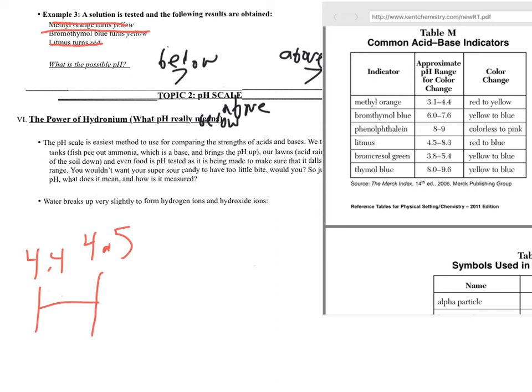You probably could have put either one of those. You could have put maybe 4.4. You could have put 4.5. Maybe even get real crazy. You put 4.45. That'd be smack dab in the middle. But any one of those pHs is probably good right in here.